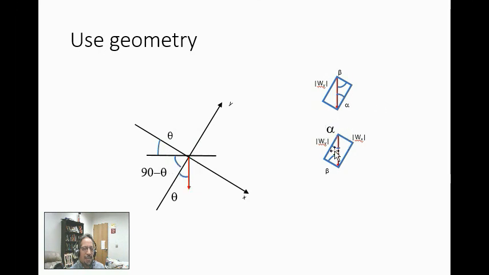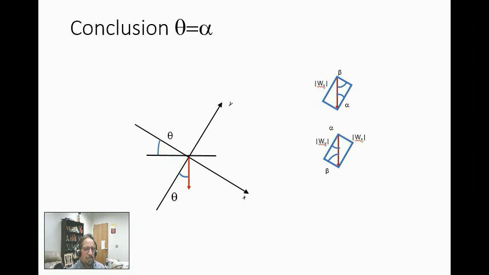And here I have the vertical is red, and the y, which is not vertical, but it's right there. So alpha is theta. So the correct answer is alpha is equal to theta. There it is. Again, conclusion.